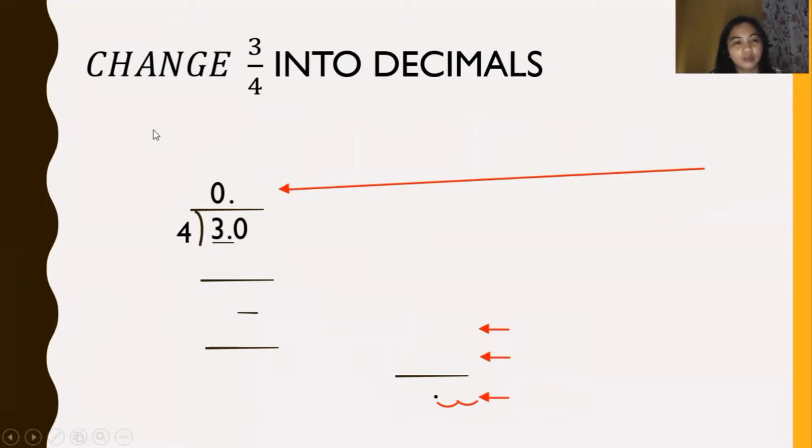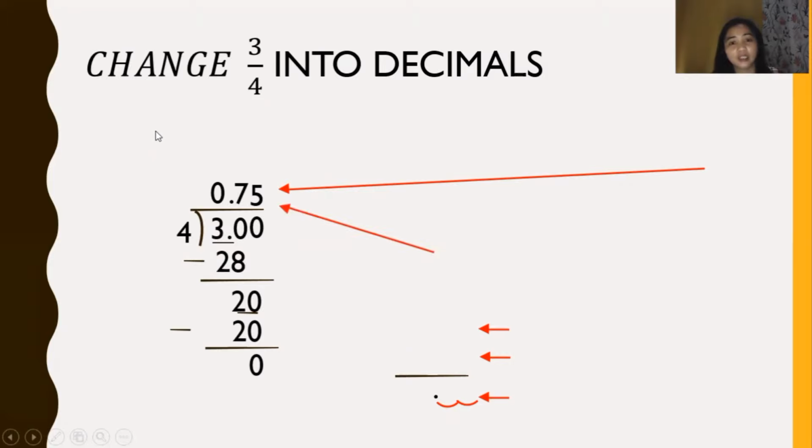So we have 30 divided by 4 is 7. 7 times 4 is 28. Subtract. 30 minus 28 is 2. Add another 0. Bring down 0. 20 divided by 4 is 5. And 5 times 4 is 20. Subtract, the answer is 0. Therefore, 3/4 when changing to decimal is 75 hundredths.